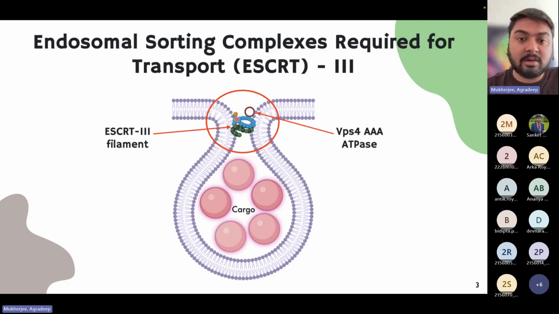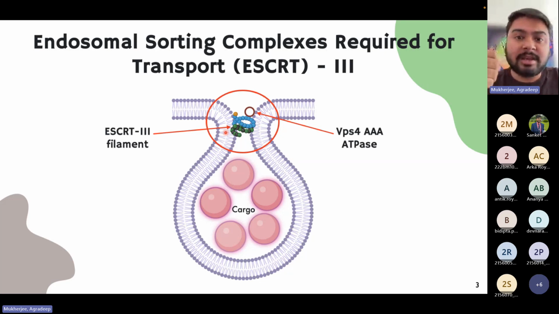And what we now know from various studies is that there are proteins which sit on the neck of that invagination, and then it just constricts and severs the formed vesicle. And ESCRT-3s are the last protein members involved in many of these membrane remodeling events. There are other proteins such as dynamins and everything.